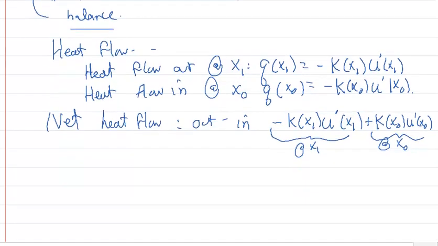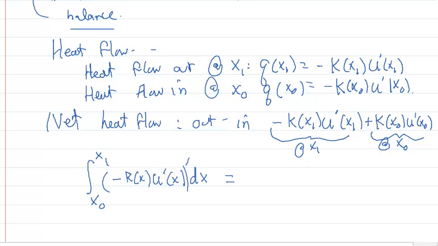Now, by the fundamental theorem of calculus, we know that the difference in function values is equal to the integral of its derivative. Right? So we can write that this way. The integral from x0 to x1 of the derivative of this function, which will be minus kappa of x times U prime of x dx. Sorry, I forgot the derivative. The derivative of this function.